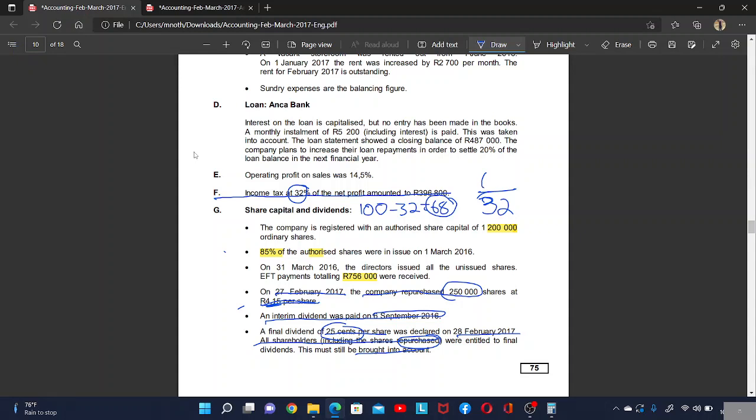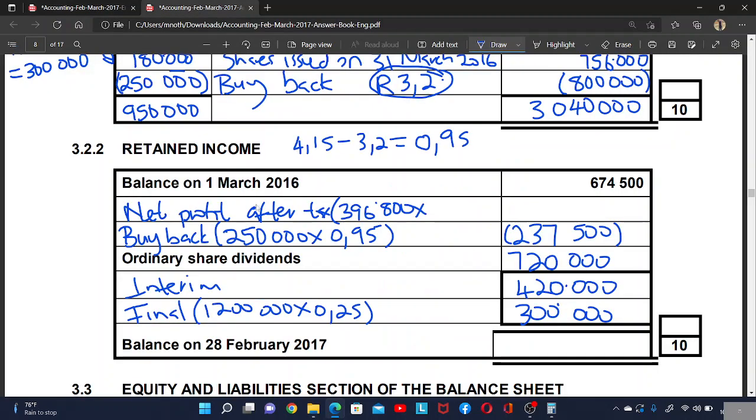Above you put what you are looking for, the net profit after tax. So 396,800 times 68 over 32 is equal to 843,200.